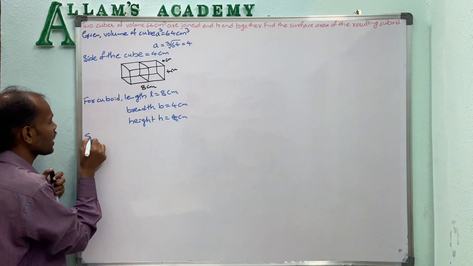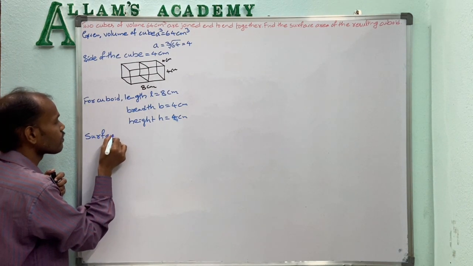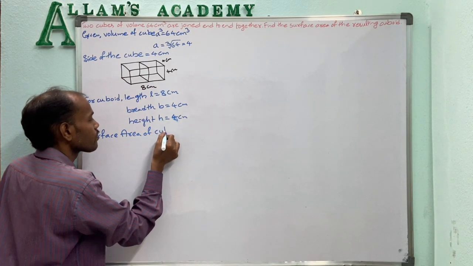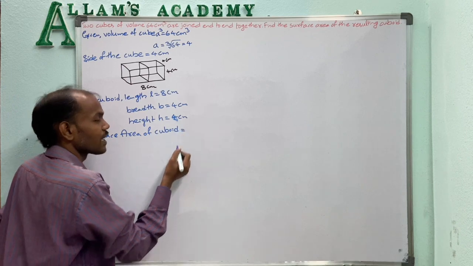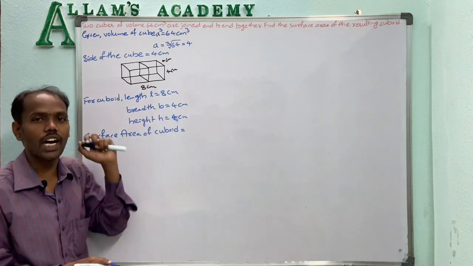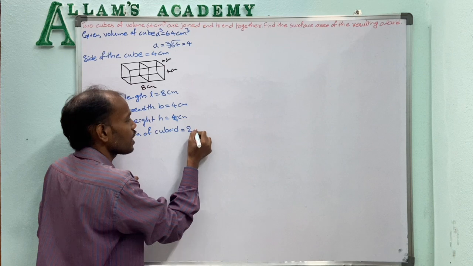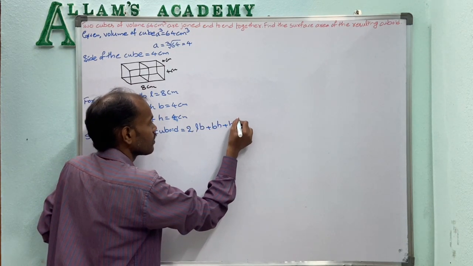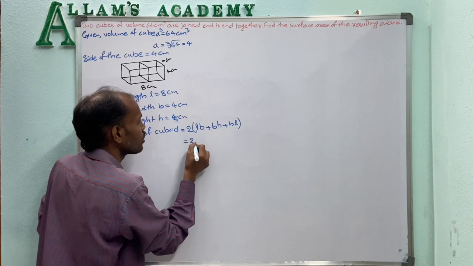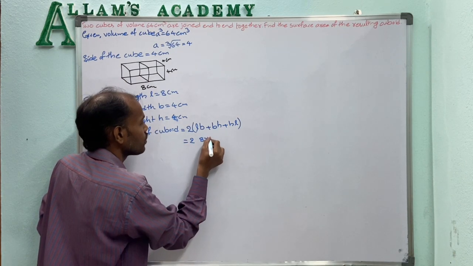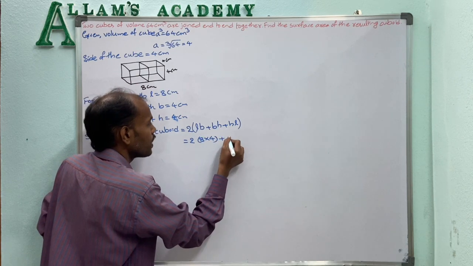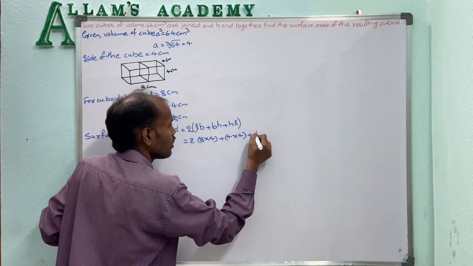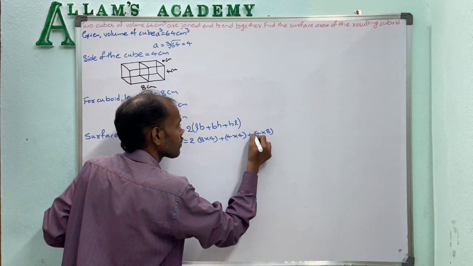Now our task is to find the surface area of the resulting cuboid. So the surface area of the cuboid is nothing but the total surface area of the cuboid. The total surface area of the cuboid is 2 into (LB plus BH plus HL), that equals 2 into (8 into 4 plus 4 into 4 plus 4 into 8).